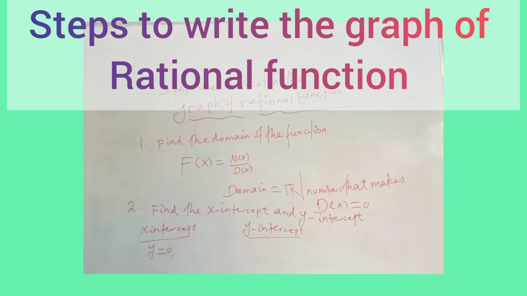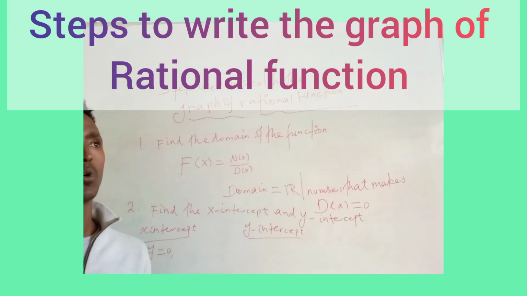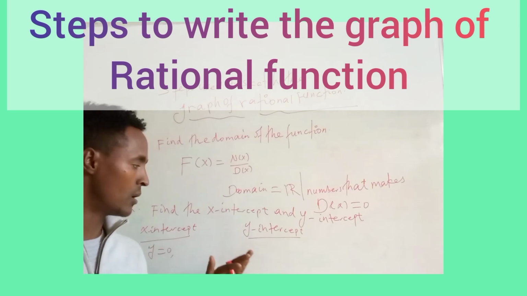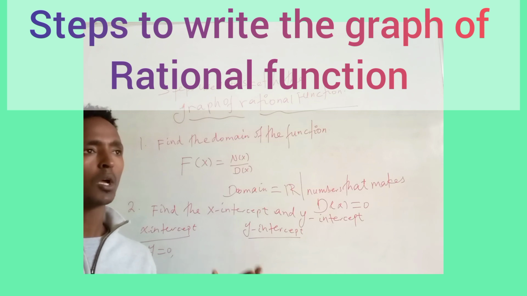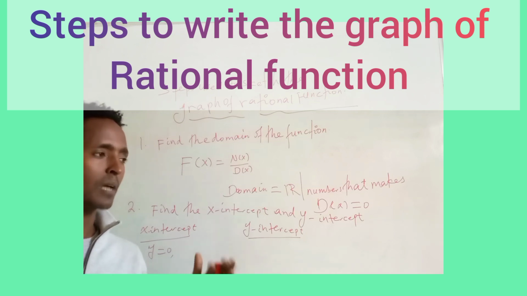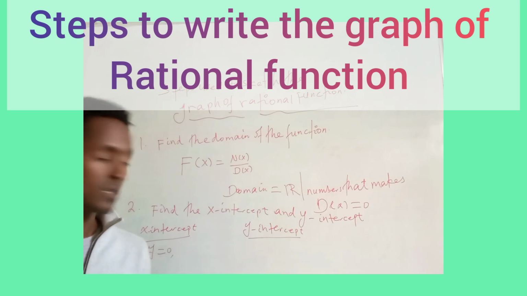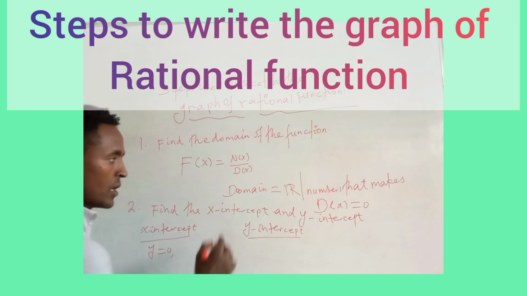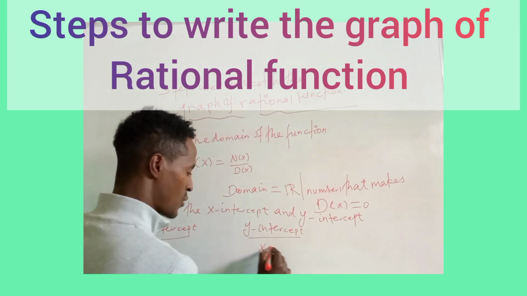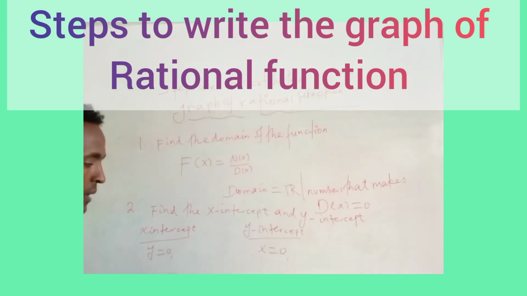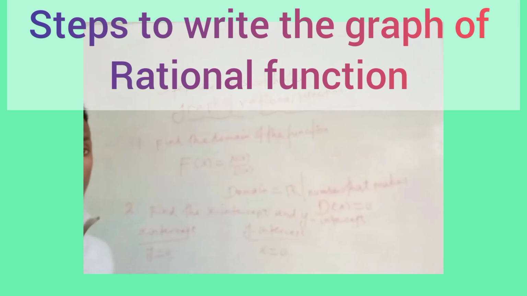At the point where the graph touches or crosses the y-axis, the value of x is 0. Therefore, to find the y-intercept of the graph, you should let x be equal to 0, and then obtain certain values for y. Then put them in order as coordinates. Therefore, that is the y-intercept.